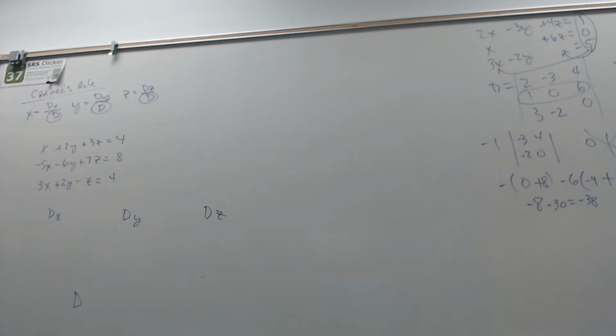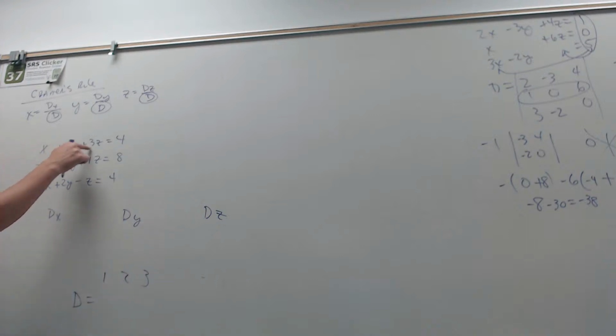All right, so what is D? Do you know what the matrix is that defines D? Cameron, do you know? Is it 1, 2, 3 for the top row? Okay, 1, 2, 3.